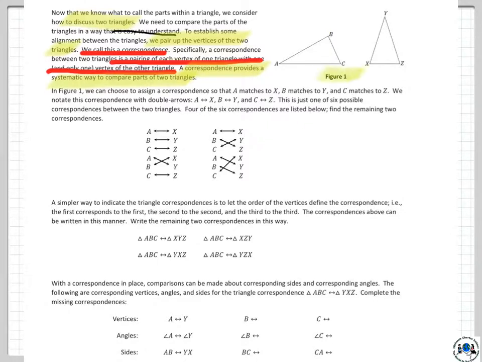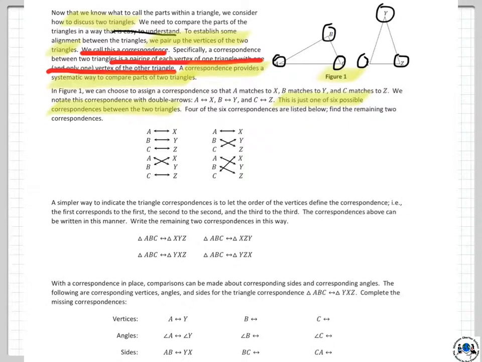So in figure 1, here's figure 1 right here, we can choose to assign a correspondence so that A matches to X. Okay, so here's A and X are going to match, okay? And B matches to Y, B, Y. And then C matches to Z, all right? This is just one of 6 possible correspondences between the two triangles.